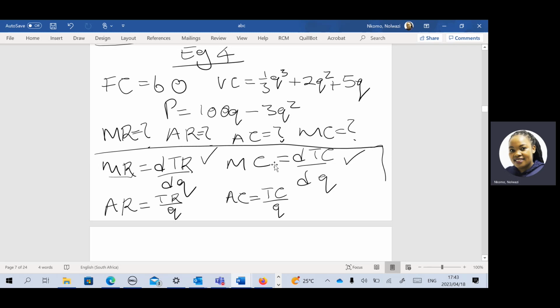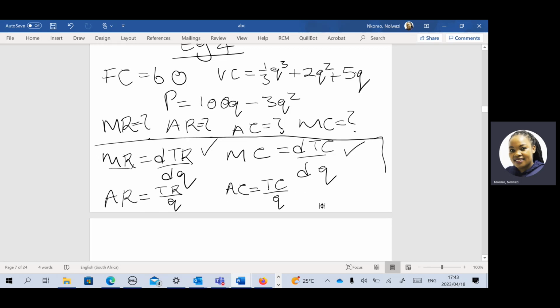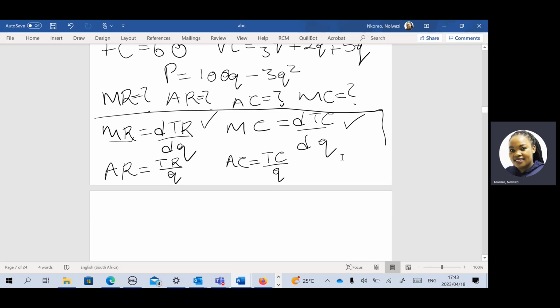And to find the marginal cost, we need to differentiate the total cost. And to find the average cost, we need to divide the total cost by the number of units produced. Okay, this simply means to find these four, we need to find the total revenue, and we need to find the total cost, right?